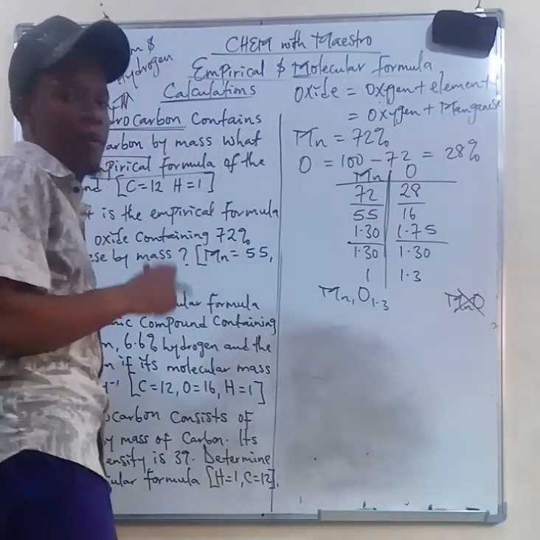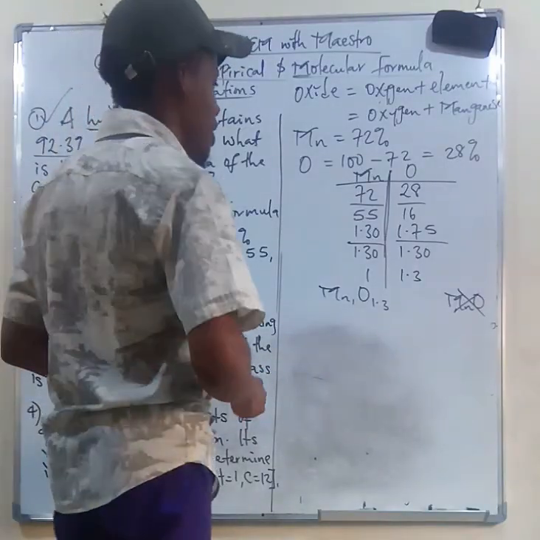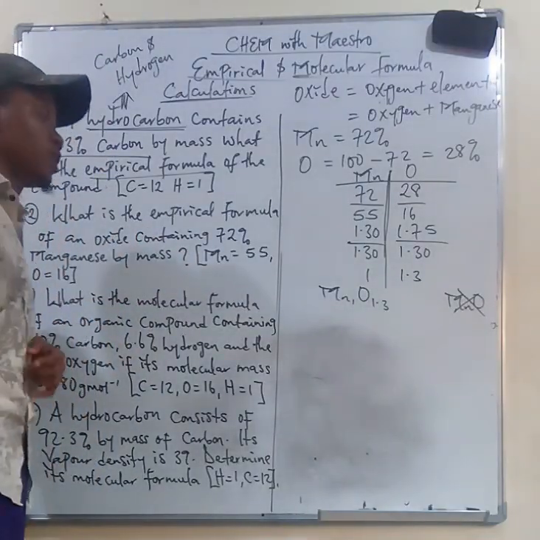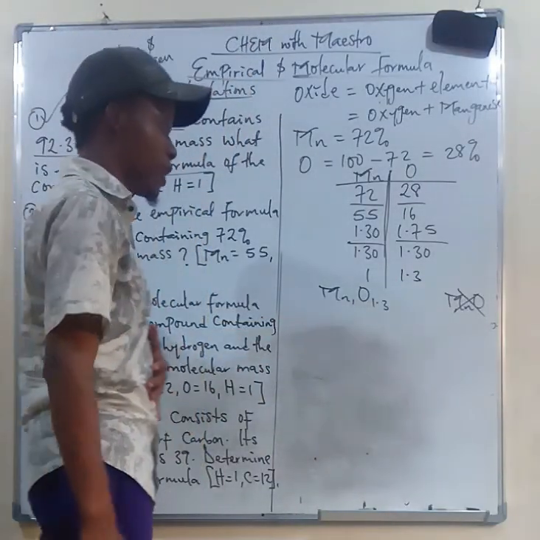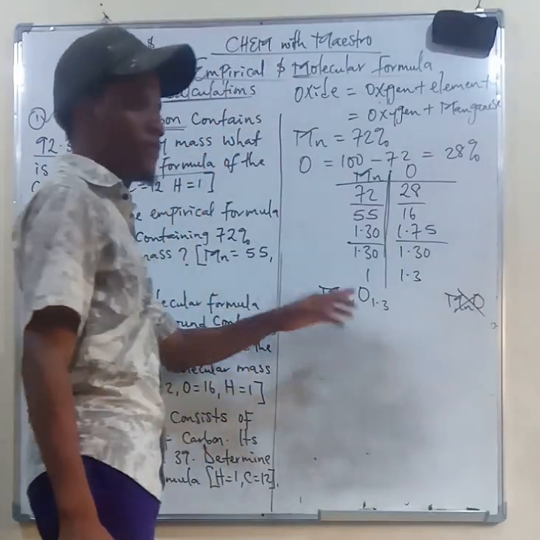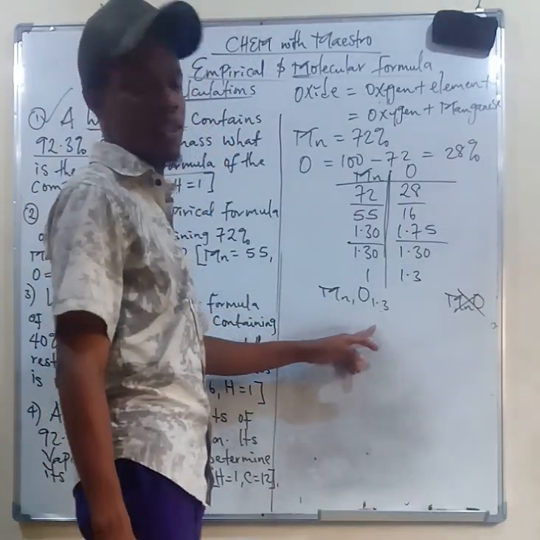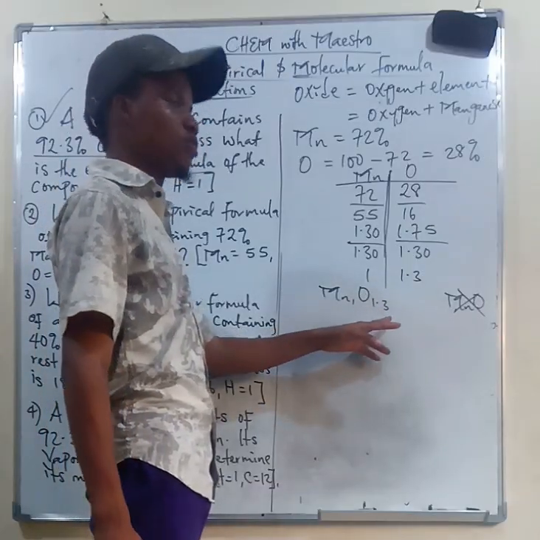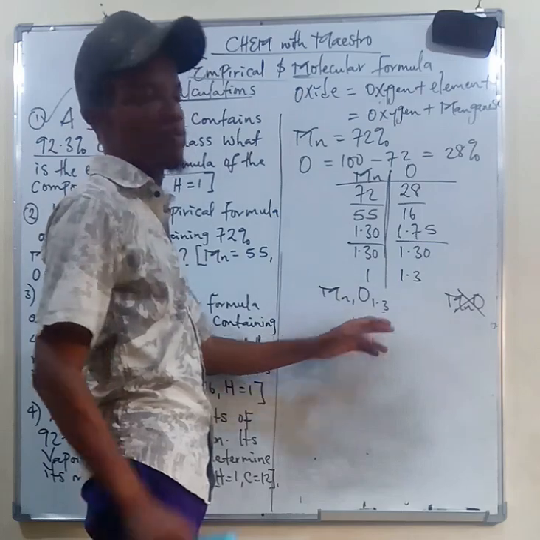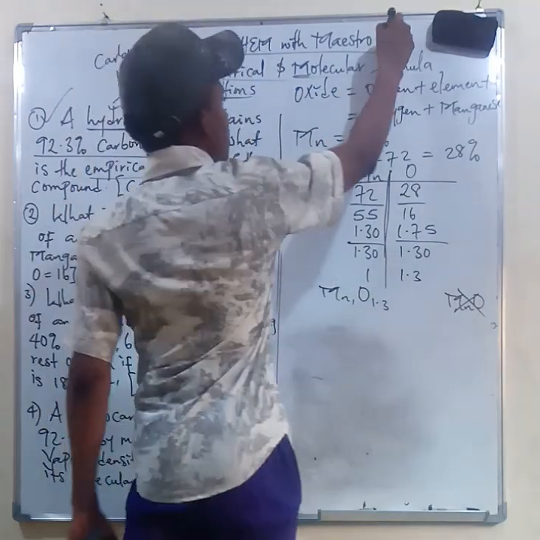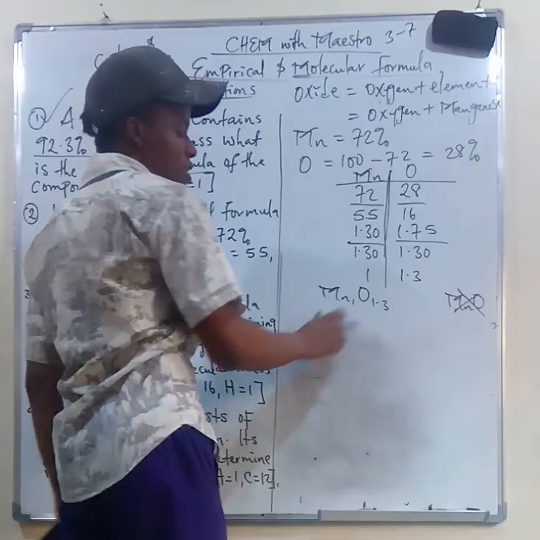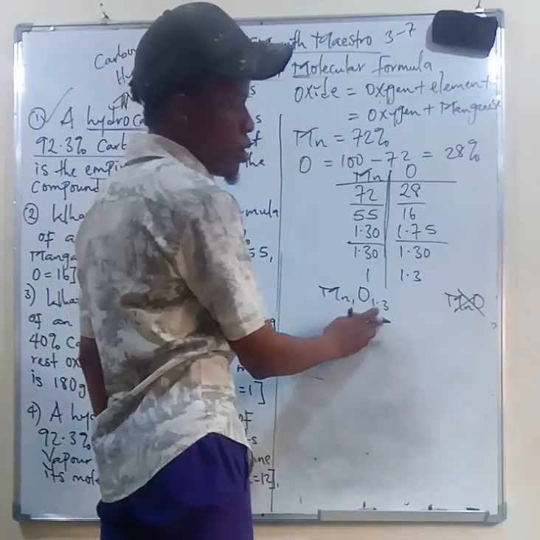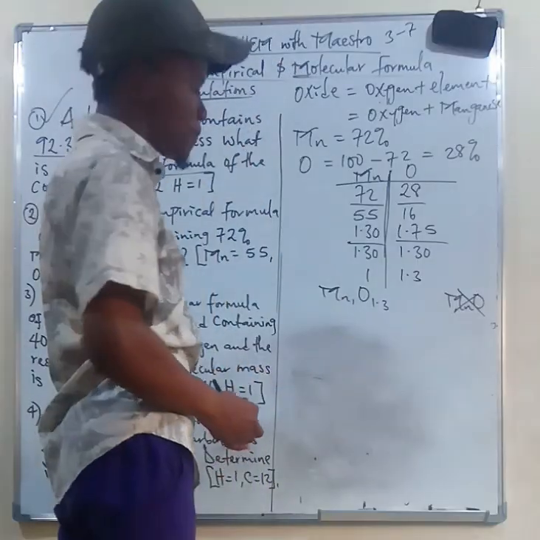Now, remember, this is where my number 3 secret about how to find the empirical formula comes into play. I told you from 3 to 7, do not approximate. What do I mean? When you have a decimal number, if the first number after the decimal point ranges from 3 to 7, let's say you have 1.3, 1.4, 1.5, 1.6, 1.7, please do not approximate.